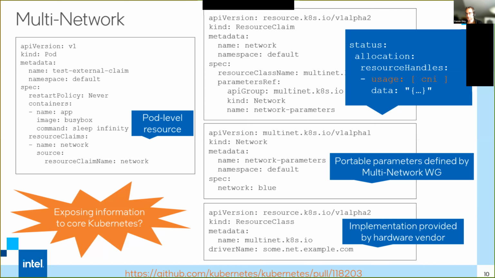Anyway, I'm rambling. There are some aspects that need to be considered, like what happens, for example, if the parameter object gets deleted, because it is separate. That is something that the user could do while the resource claim is allocated. So we do have a concept of copying relevant values out of the parameter object into the allocation status, so that if later on the user deletes the parameter object, the resource claim is still usable.